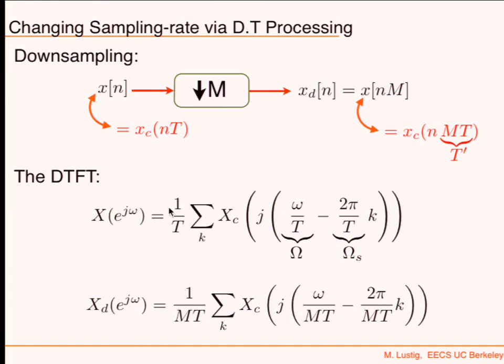What is it? It's 1 over capital T. That's the scaling associated with sampling. And then I've got effectively replicas of the spectrum of x sub c. How often do those replicas occur? They occur every 2 pi over T times an integer. So sampling gave me these replications. Okay, can I move on?